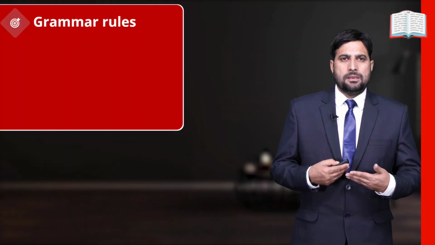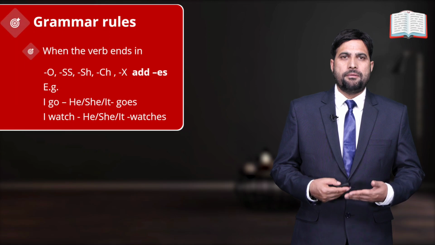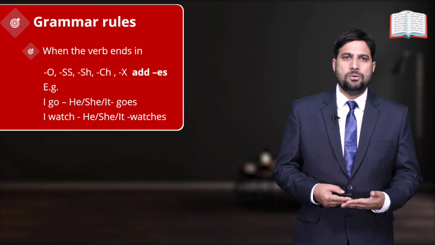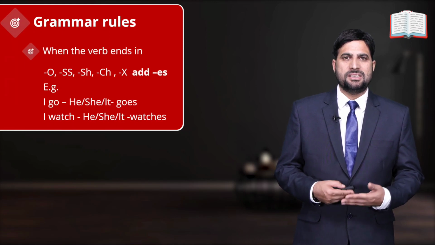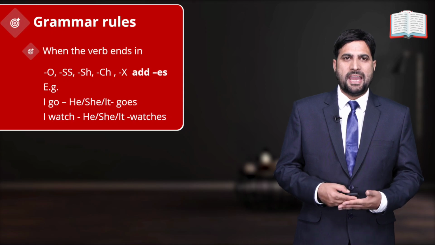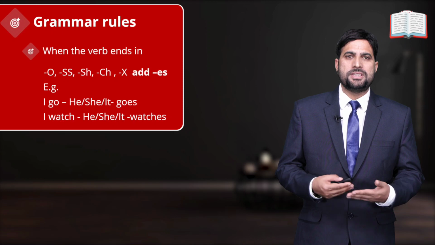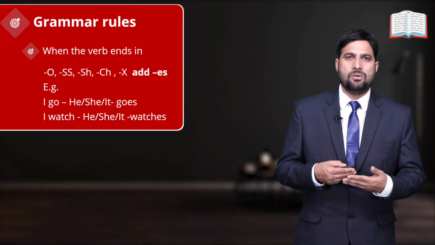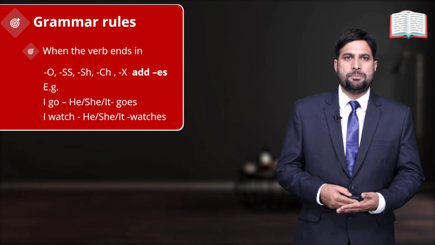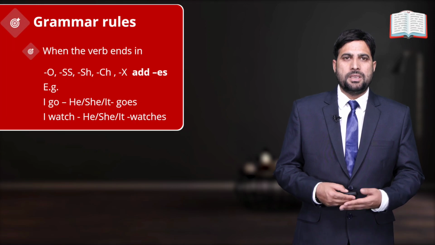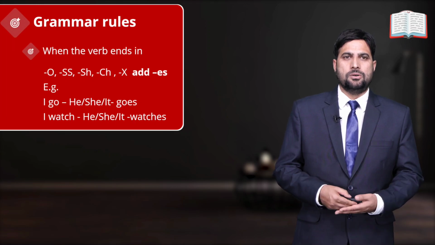Now the second rule is when the verb ends in O, double S, SH, CH or X, add ES. So that means the verbs which end with these alphabets. For example, I go, he goes, she goes, it goes.